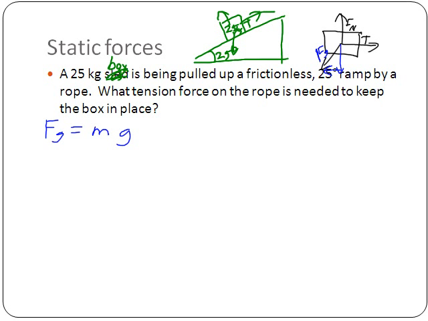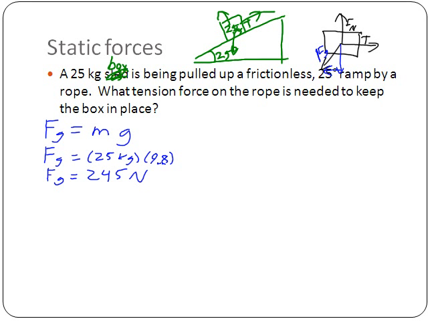The force of gravity on the object is its mass, 25 kilograms, times 9.8 meters per second squared. If we solve for the force of gravity, we end up getting 245 newtons. So the force of gravity is 245 newtons. We've got that.